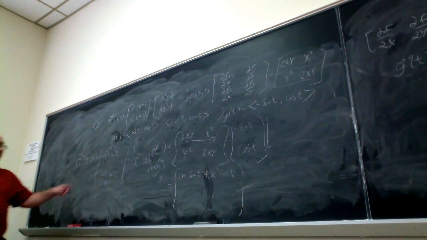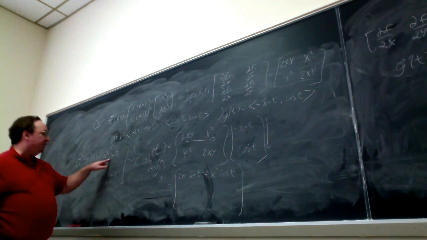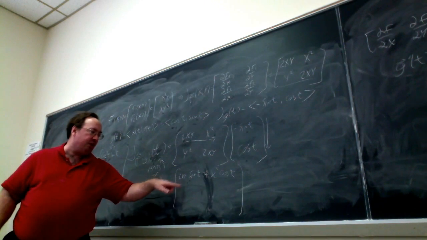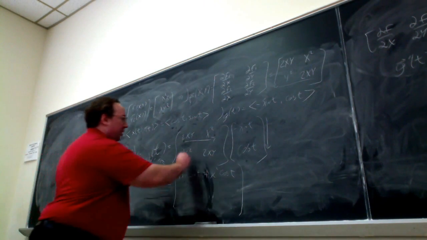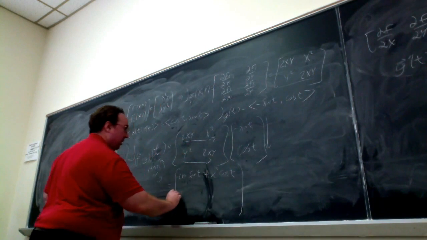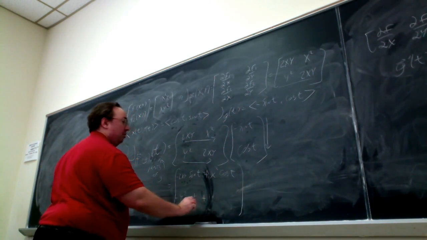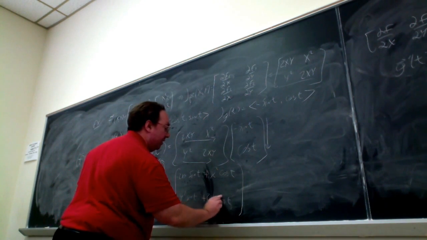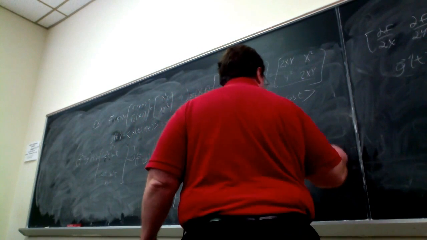So if you differentiated this with respect to t, this is what you would get, except I need to fill in cosine for x and sine for y. All right, last one. Negative y squared sine t and 2xy cosine t. The only thing left to do is wherever I see x, fill in cosine.